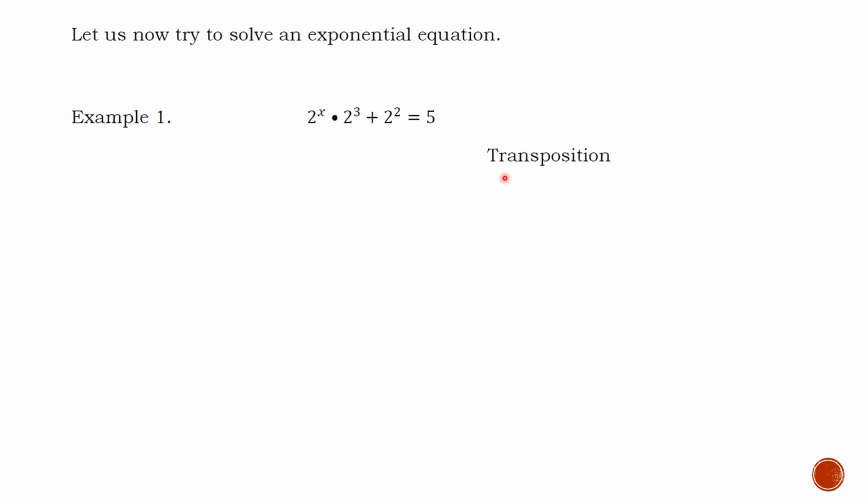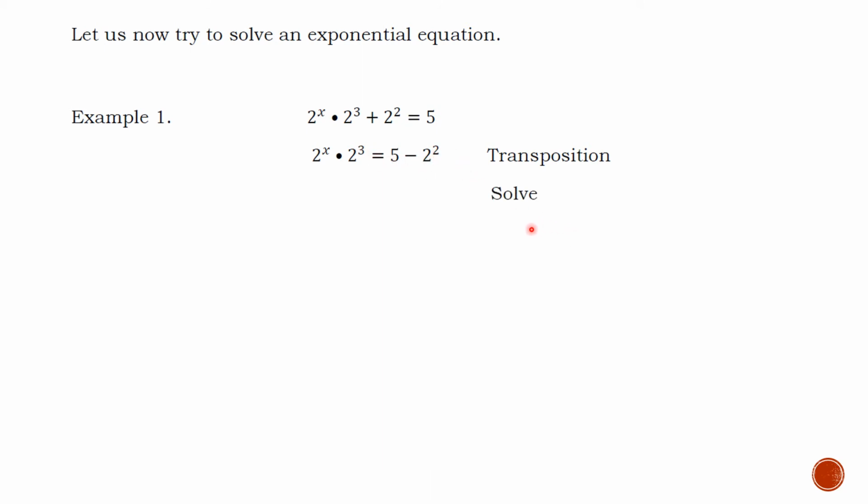So, we have to transfer 2 raised to 2 to the other side of the equation, by transposition or by using the addition property of equality. Kailangan ma-isolate natin itong dalawa, yung multiplication, right? This is about the multiplication of what? Of powers with the same base. Kailangan ma-isolate yan. So, itong plus 2 squared, ililipat sa kabila. So, ito yung magiging 2 raised to x times 2 raised to 3 equals 5 minus 2 squared.